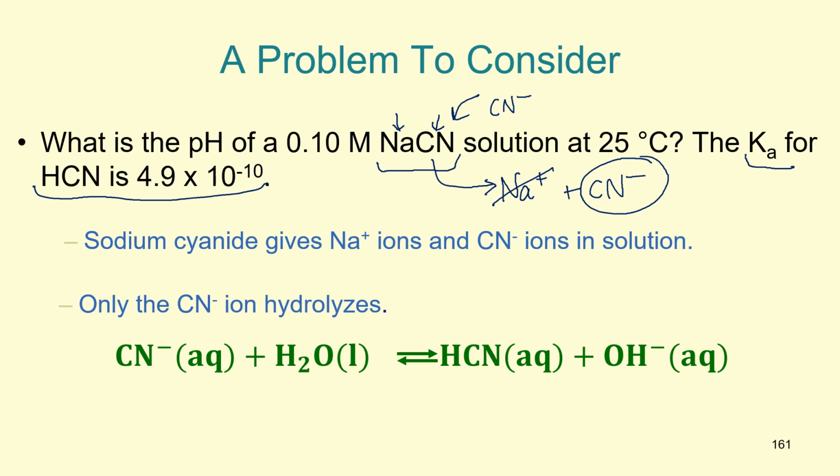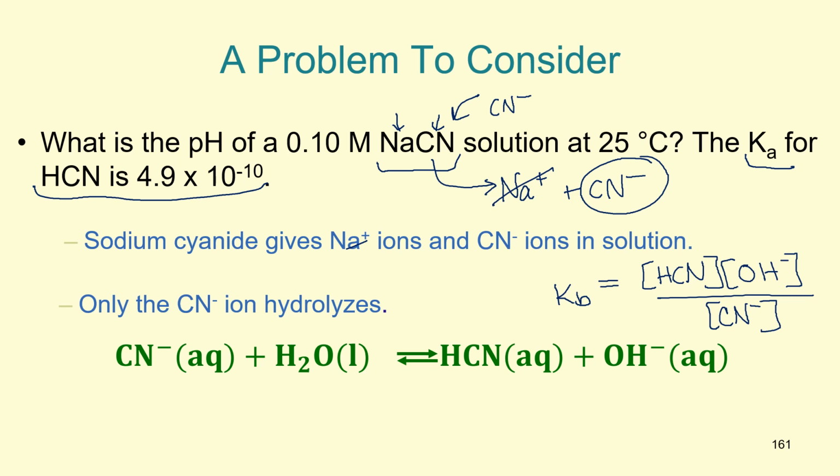The Na we can ignore because it's not going to do anything in water. But the CN negative is going to react with water to give us HCN and OH negative. And as we said earlier, we can write the Kb expression for that. This is just our normal base equation. So our Kb equals this.